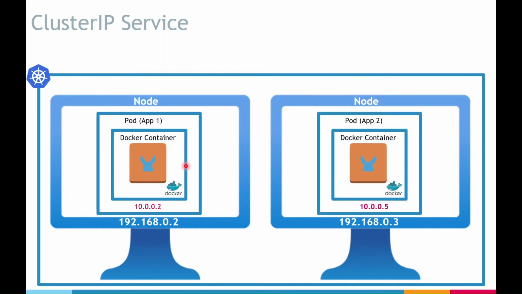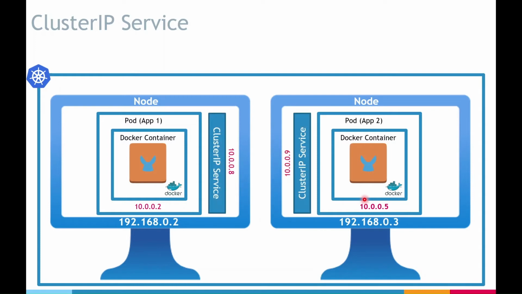But the problem is that once the new pod comes up, it will have a different pod IP address. So if you have used a pod IP address of 10.0.0.3, it's not working anymore, right? Because now it's 10.0.0.5.